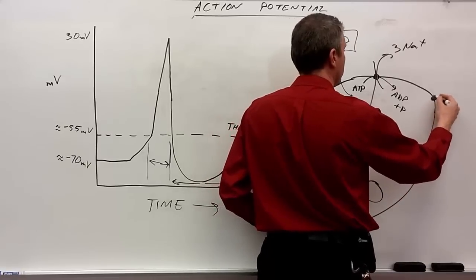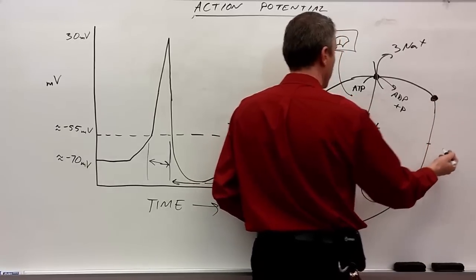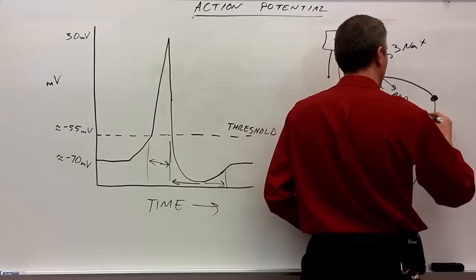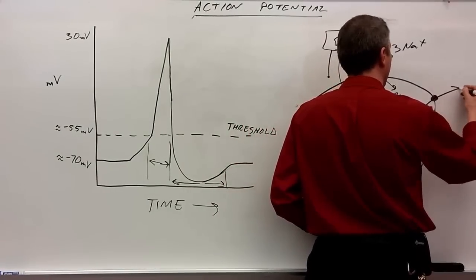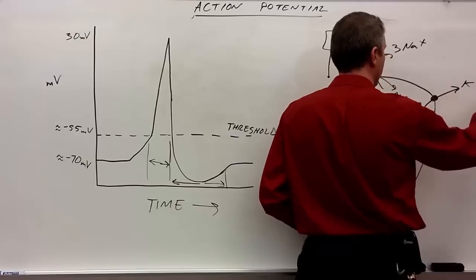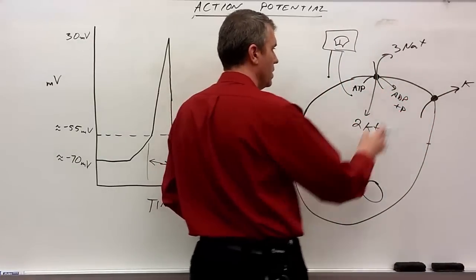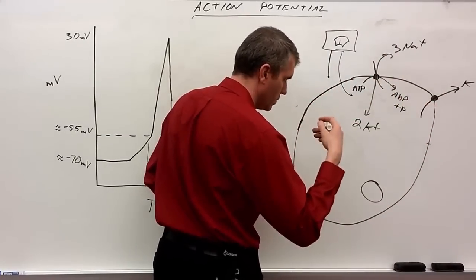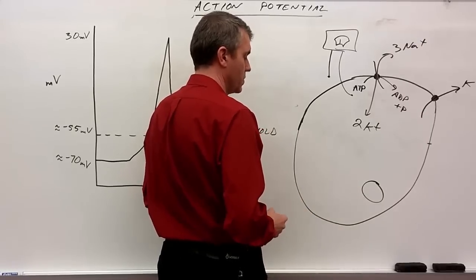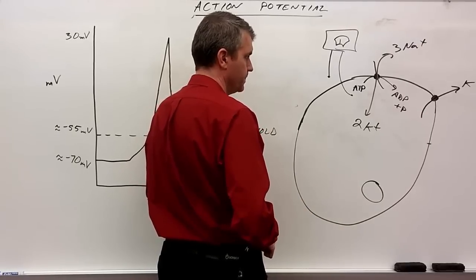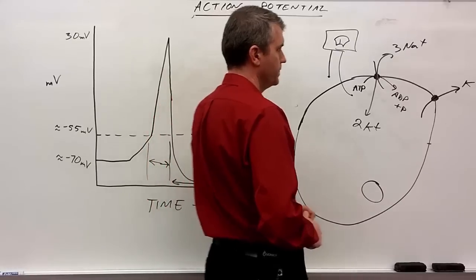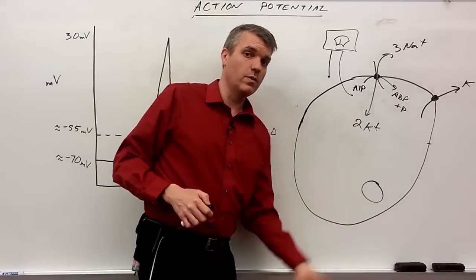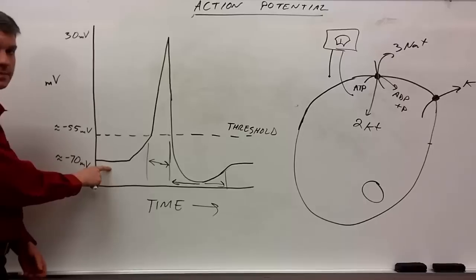And then over here is the potassium leak channel, a transmembrane channel protein that is selective for potassium, and it lets potassium diffuse out. Those two together return us to resting potential. And of course, they were what set up resting potential in the first place.